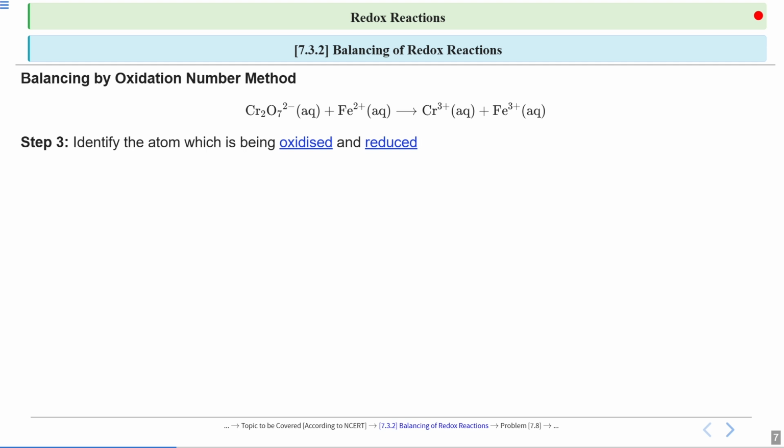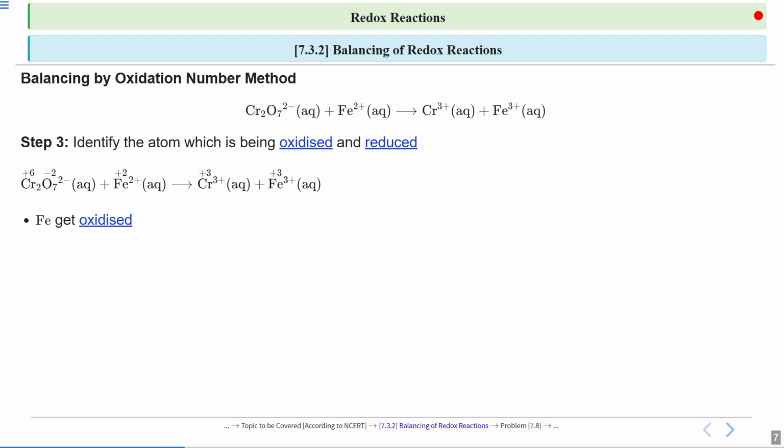Here, looking at the chemical reaction with the mentioned oxidation numbers, chromium is changing its oxidation number from +6 to +3, while Fe is present in +2 and is being converted to +3.